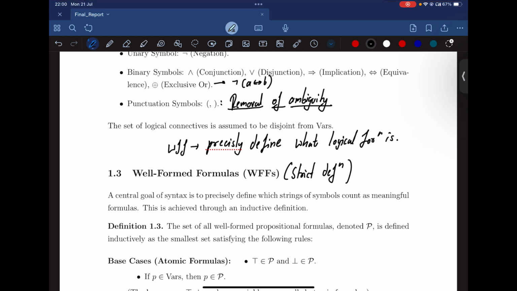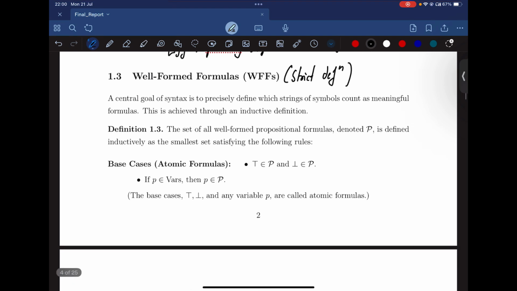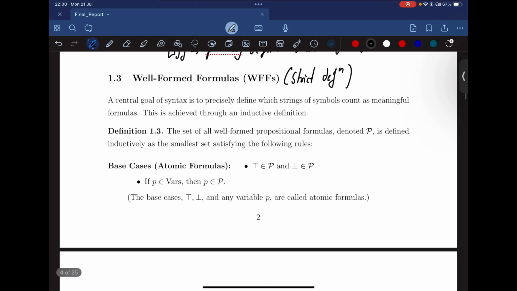It leaves no room for interpretation. So how do you form a well-formed formula? Essentially, they have certain basics at the core, and then we inductively define them over them. Such as the base cases here: a true value and a false value are logical formulas. And if P is a propositional variable as mentioned earlier, then P is also a well-formed formula.